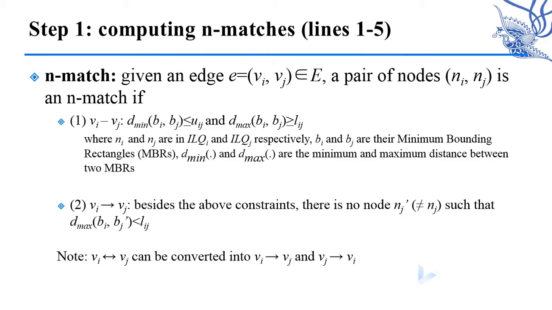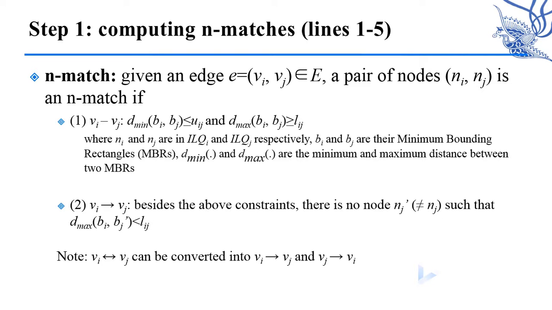We first introduce the concept of n-match. Given an edge, a pair of nodes in the IL quadtree queries of the keywords of the edge is an n-match if they satisfy the following constraints. The edge with different sign has different constraints.